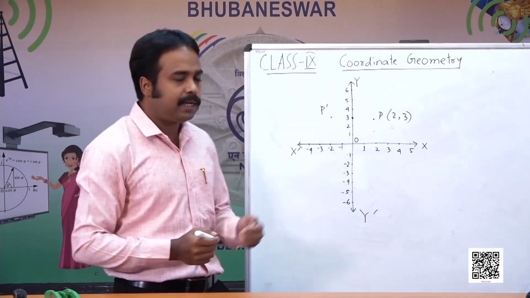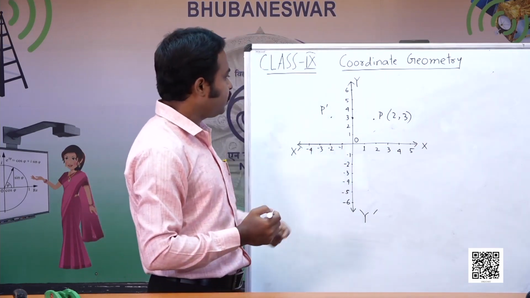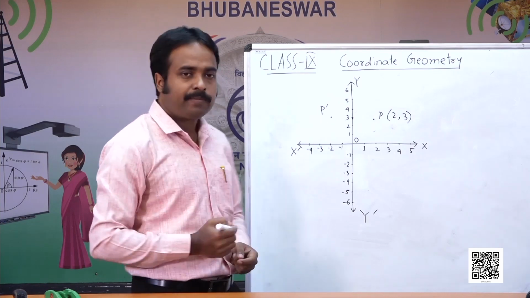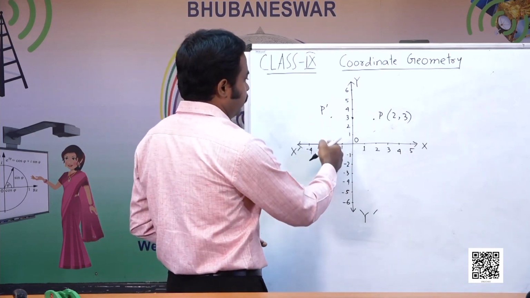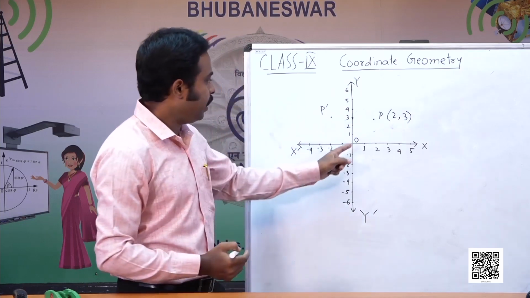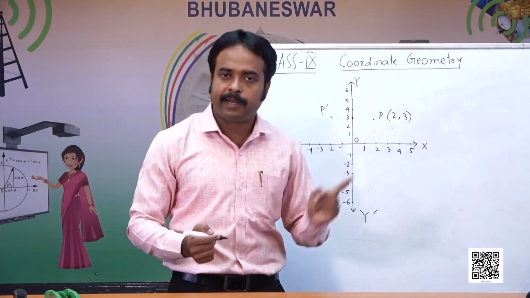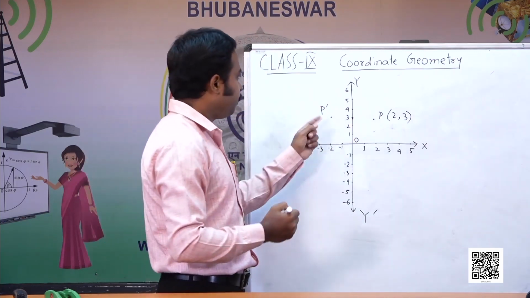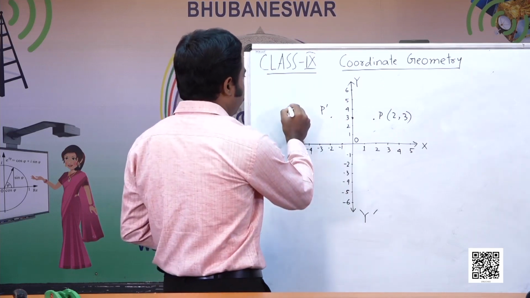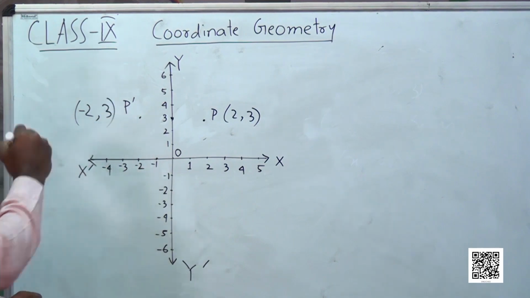Then P dash is the image of the point (2, 3), and you may easily find out the coordinates of P dash: we are going 2 units along the negative x-axis and 3 units along the positive y-axis. Therefore, the coordinates of P dash are (-2, 3).